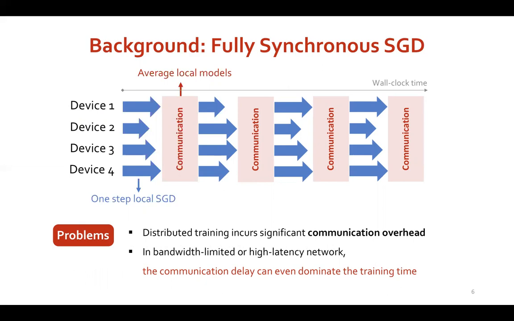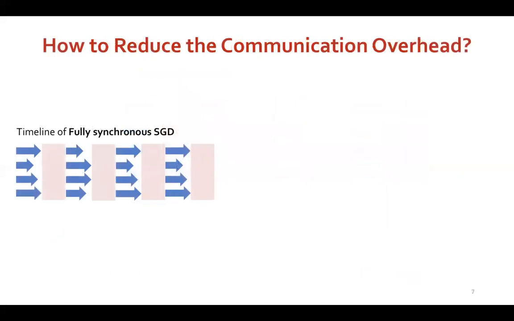If you have a bandwidth limited or high latency network, which is very common in the context of federated learning where the workers are mobile devices, this communication delay can even dominate the computation time that the workers take to perform the local SGD steps. Because of this, and because of the federated learning motivation in recent years, there has been a lot of interest in coming up with ways to reduce this communication overhead.